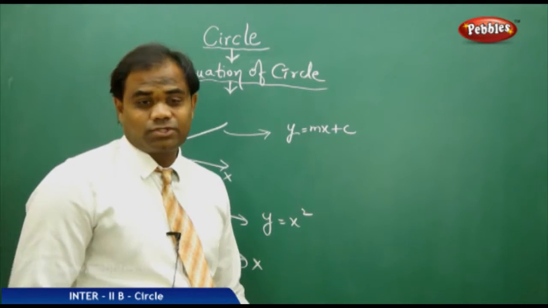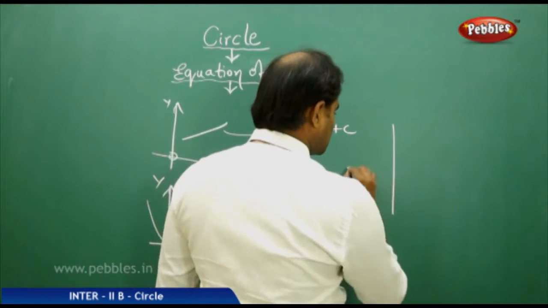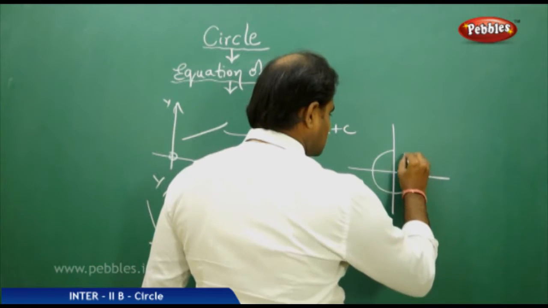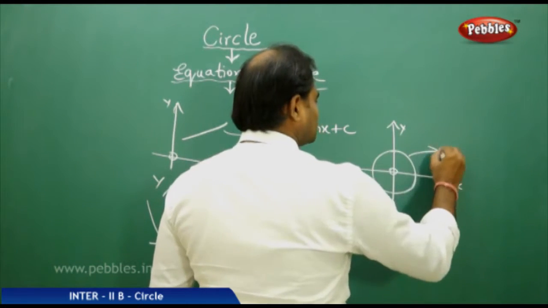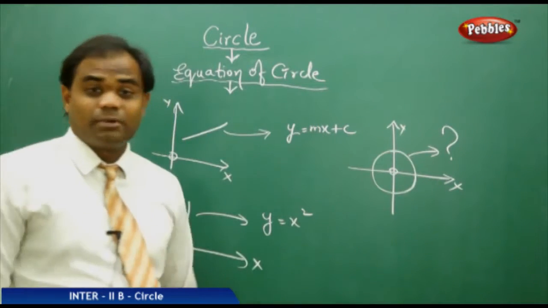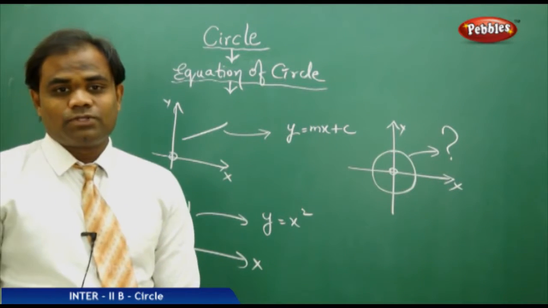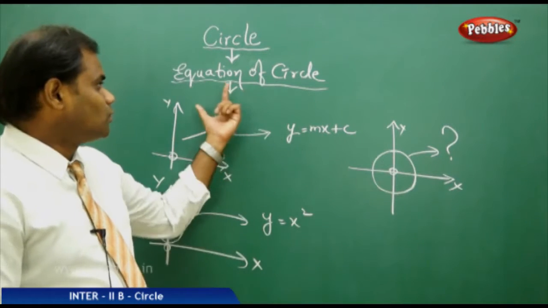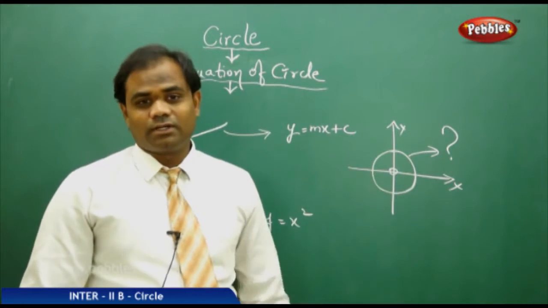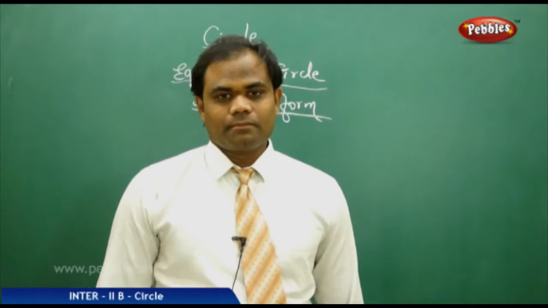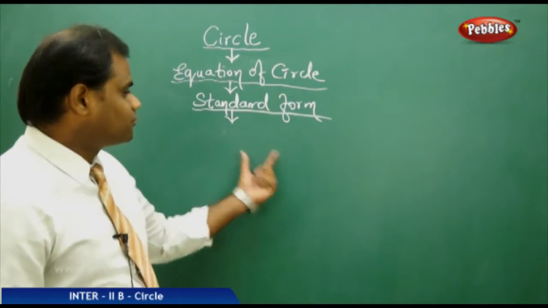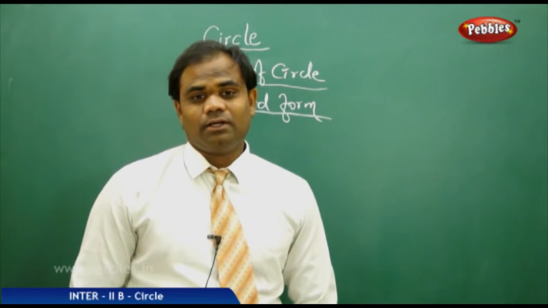Now comes the biggest question: if I have a circle which is in the form of this, then what will be the equation of this circle? So we are going to discuss now the equation of a circle in the xy coordinate system in its different forms. Now let's see the standard form of equation of a circle.